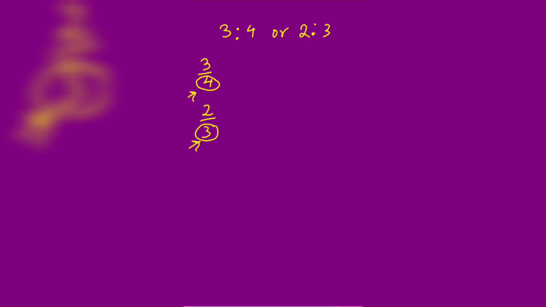So we have to get 12 here, and 12 here. How do we get this one? If we multiply by 3 we get 12, so we multiply this also with 3, we get 9. So it is an equivalent ratio. 3 by 4 is the same as 9 by 12.